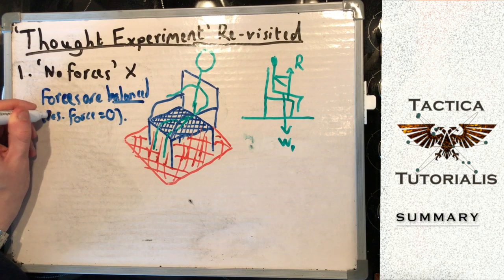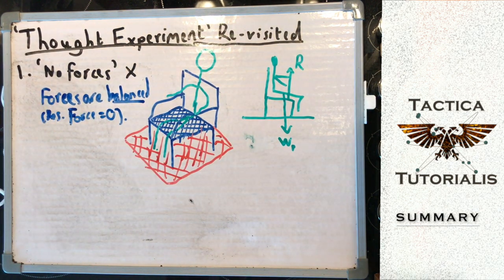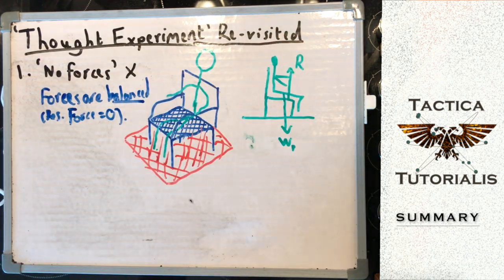So you could say that the resultant force is 0 because that means the same thing as having balanced forces. The weight force is equal to the reaction force of the chair on the person, and so they cancel each other out. The resultant force is 0, and the forces are therefore balanced.